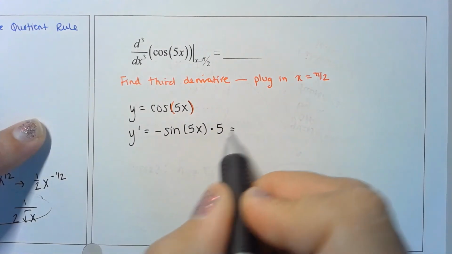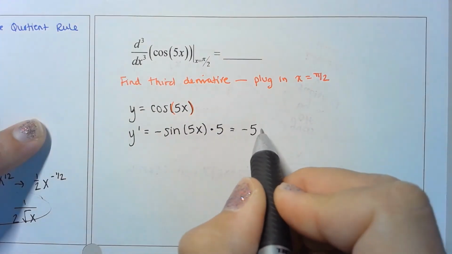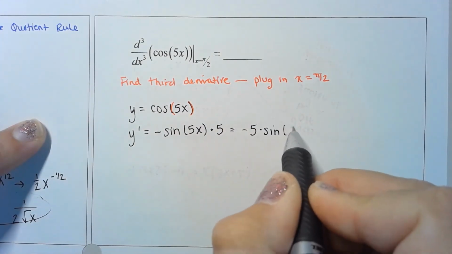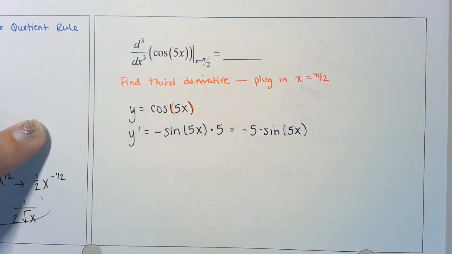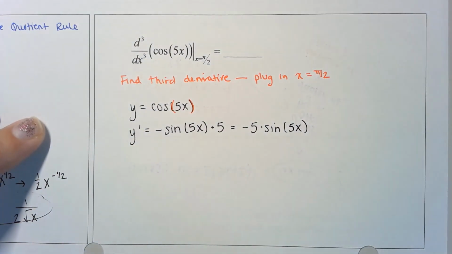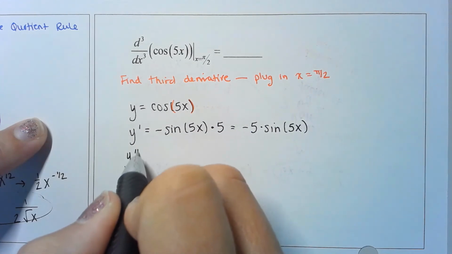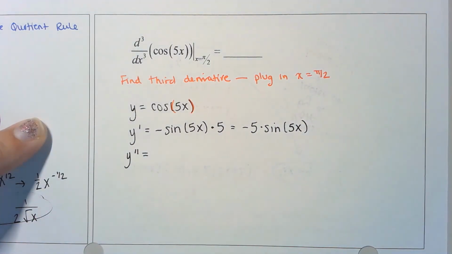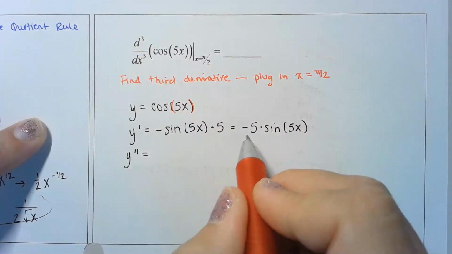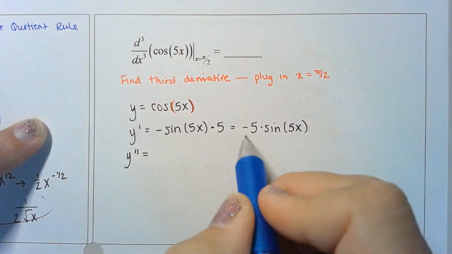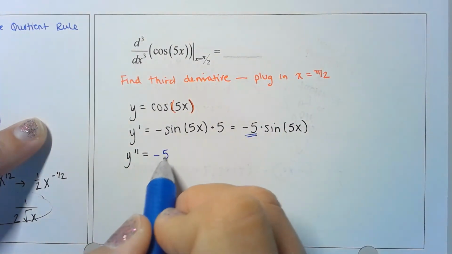So you know what I'm going to do? I'm going to put that -5 out in front just to put my constants together. There's my first derivative. All right, let's find the second derivative. Now, the constant multiple rule says the -5 will stay in front.